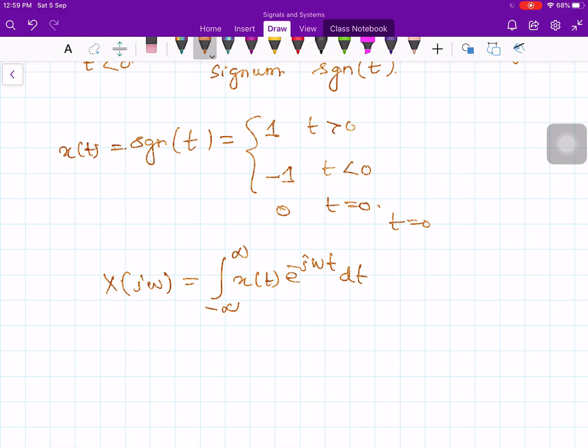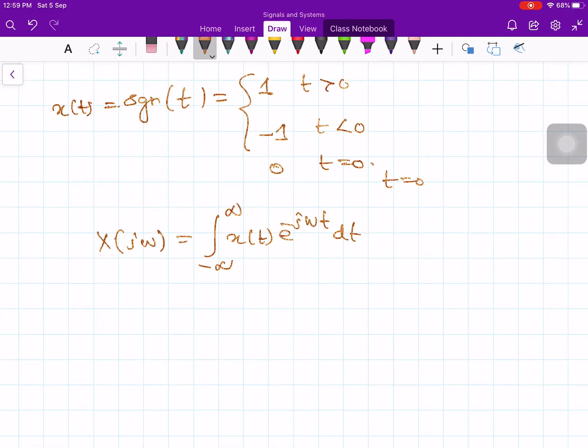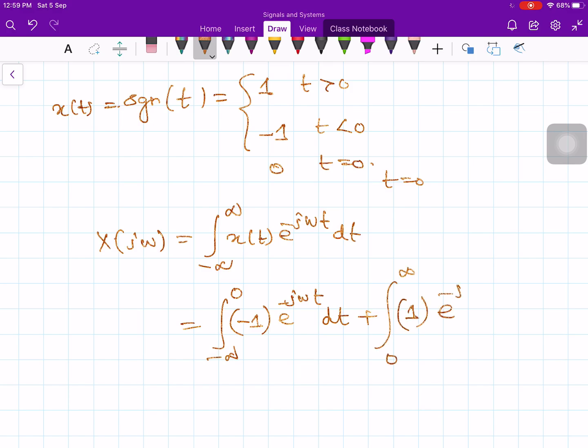Now from minus infinity to 0, it takes the value of minus 1, and from 0 to infinity, it takes the value of 1. So I can break this integration into two parts. From minus infinity to 0, x of t is minus 1 times e to the minus j omega t dt, plus in the interval 0 to infinity, it takes the value plus 1 times e to the minus j omega t dt.